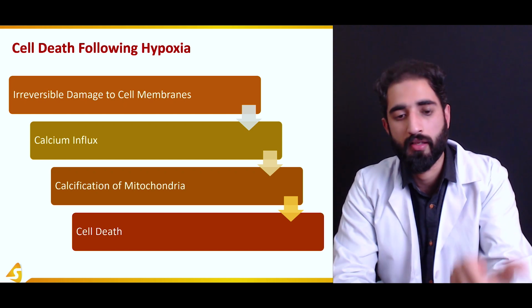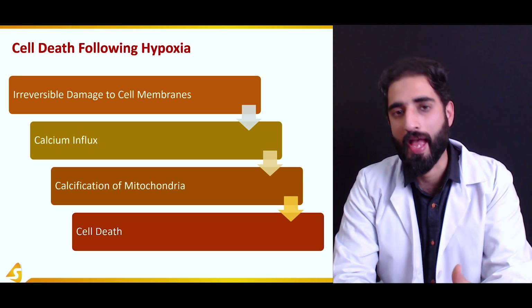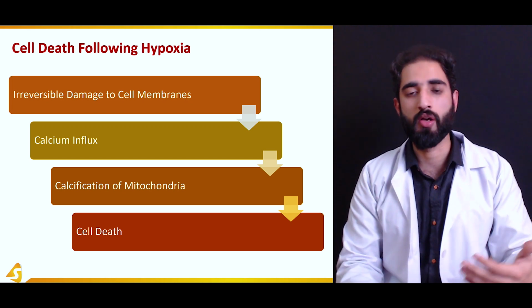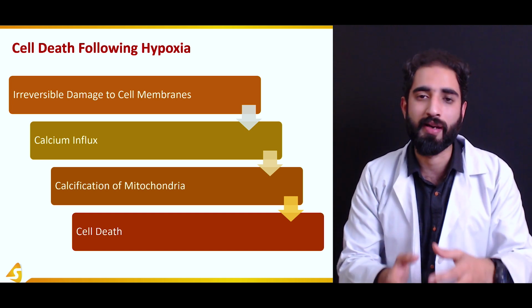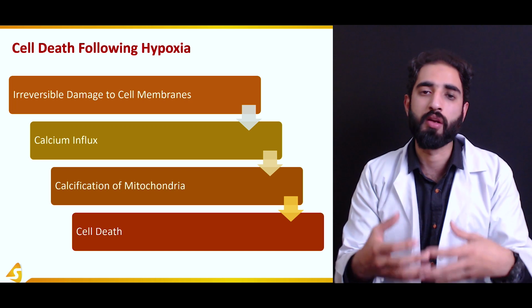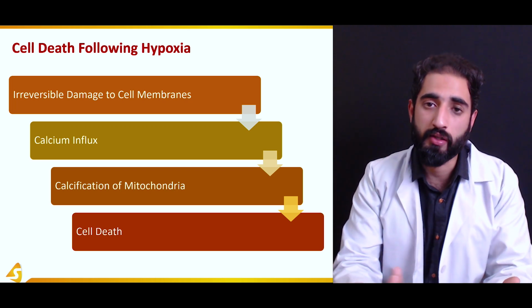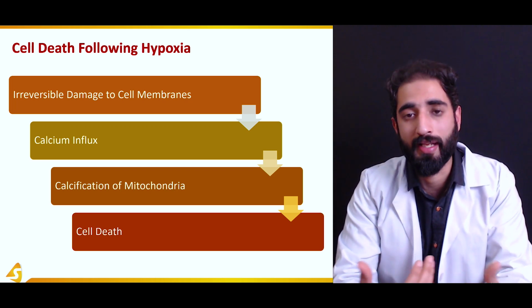When the irreversible damage occurs and the cell membrane is damaged, there is now continuity between the inside and the outside environment, and the integrity of the cell is not maintained, it is not safe.